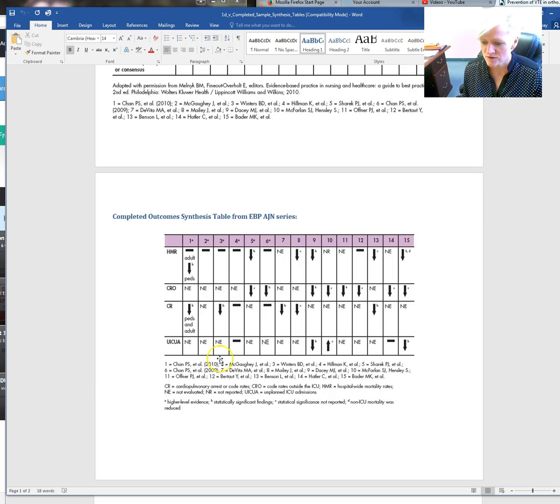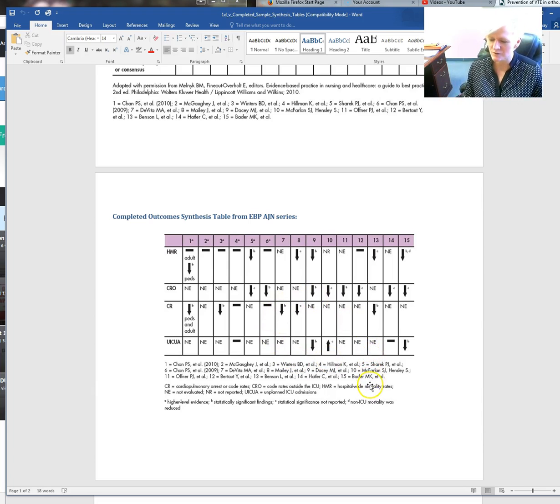But if you look at this, where there's 15 here, you can see probably code rates outside of the ICU are the most significantly decreased based on these studies by a rapid response team. Actually, unplanned ICU admissions in this one article, they went up. That would be one I would pull out and go, how did they do their study? Is this accurate? Is this not?